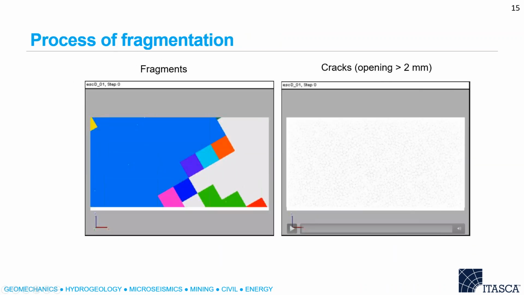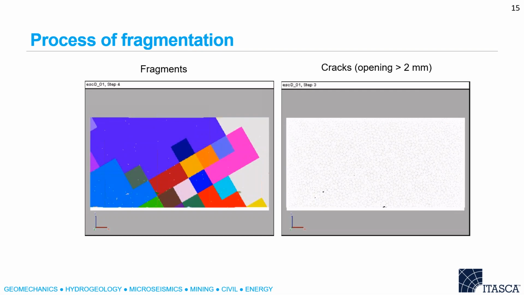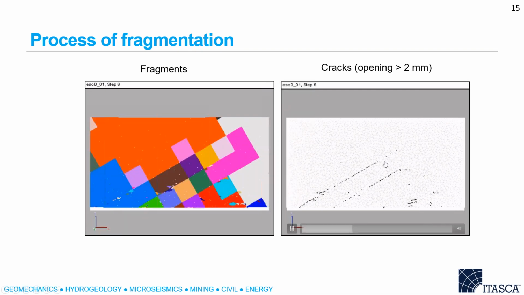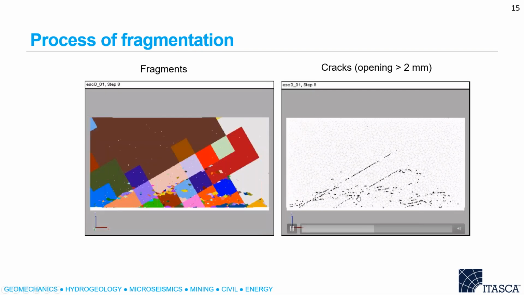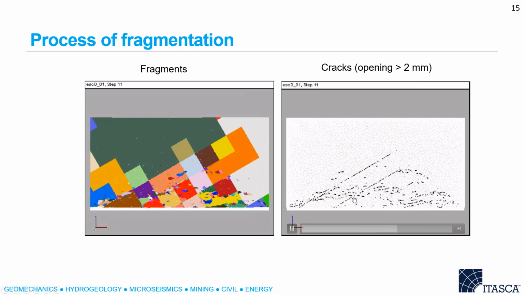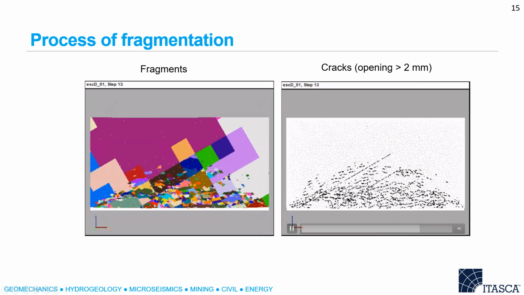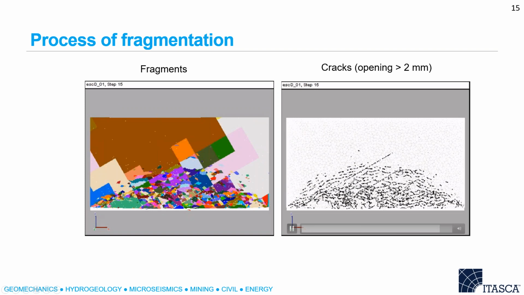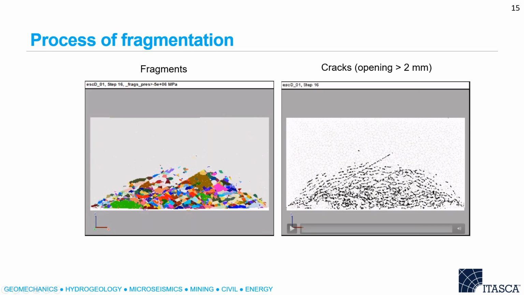This video shows the fragmentation process. So first we have initial in situ fragments in the model, and then progressively we have a first failure along open joints, large-scale joints, and progressively rock bridges failing and cracking between those joints, which is allowed with the BBM model.